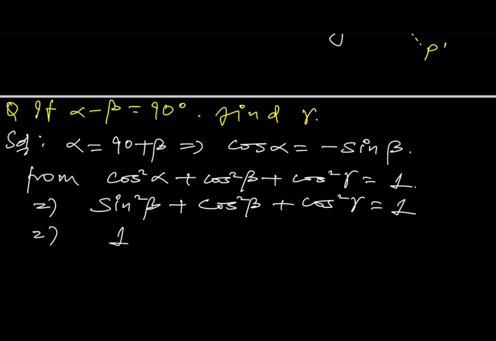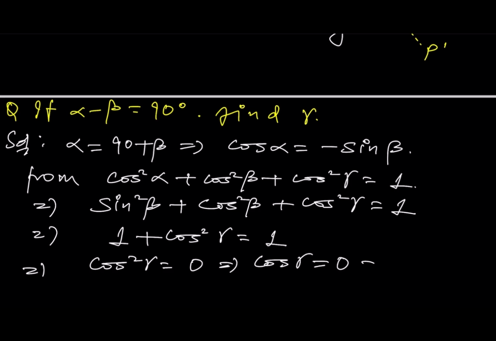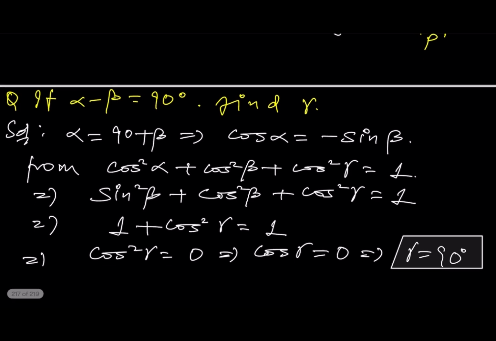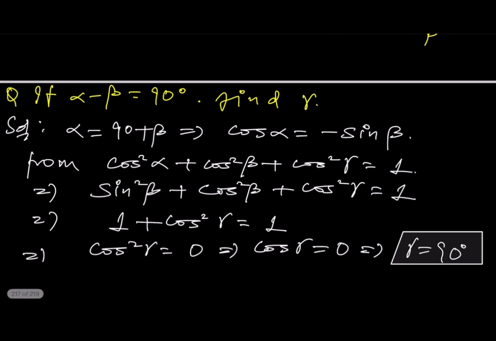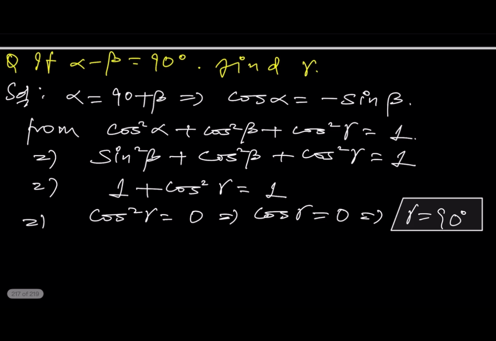So 1 plus cos square gamma is equal to 1, or cos square gamma is equal to 0, or cos gamma is equal to 0, or gamma is equal to 90 degree. Means the vector is making an angle of 90 degree with z-axis.